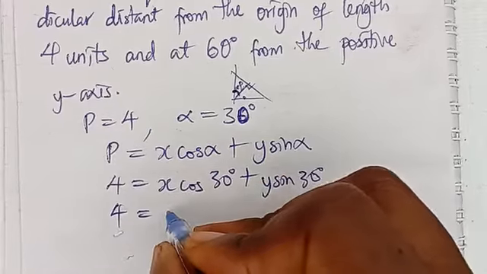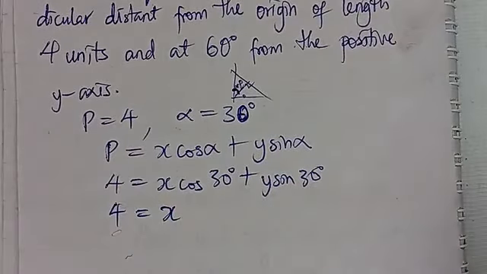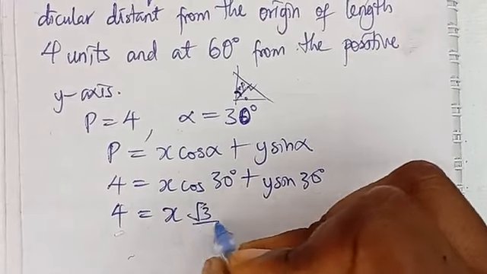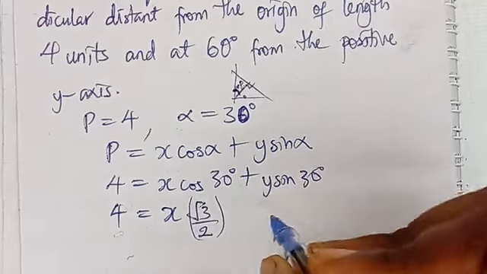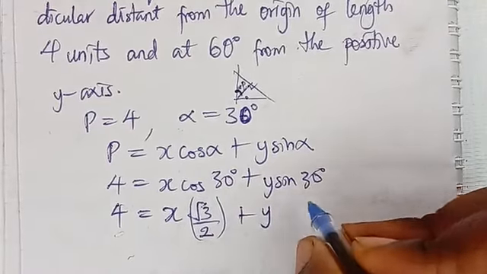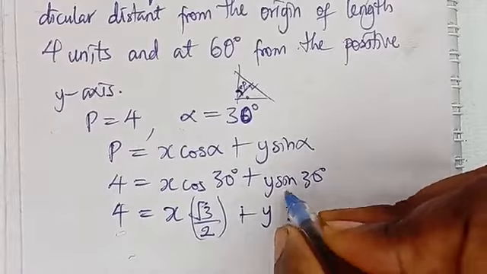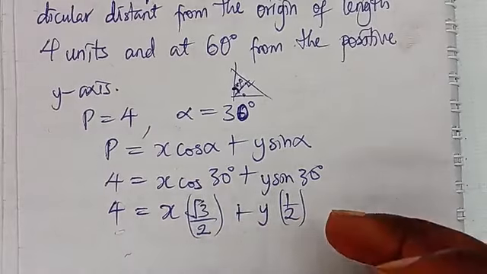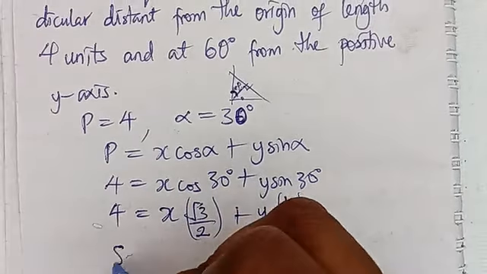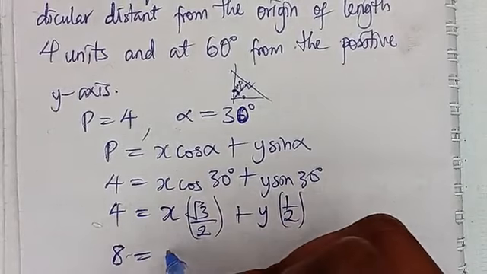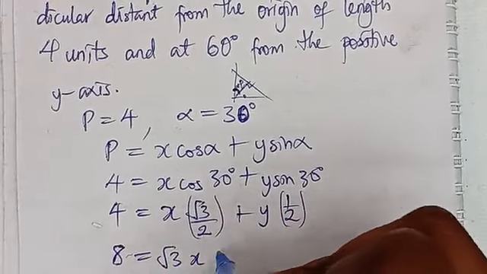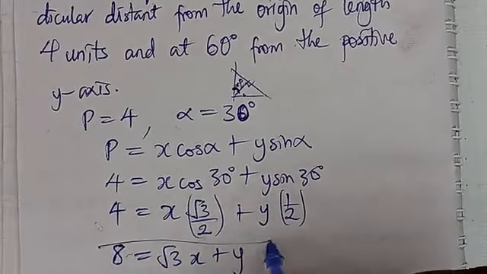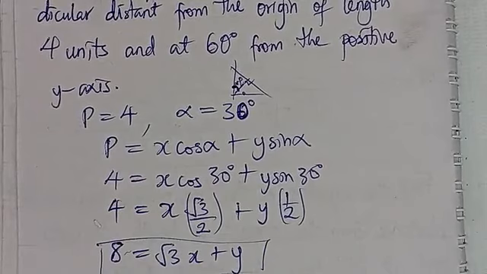Cos 30 degrees is equal to root 3 over 2. Sine 30 is actually equal to half. So if this was the denominator, we multiply everything by this denominator. We have 8 equal to root 3x plus y times 1, right? Y. So this is the equation.